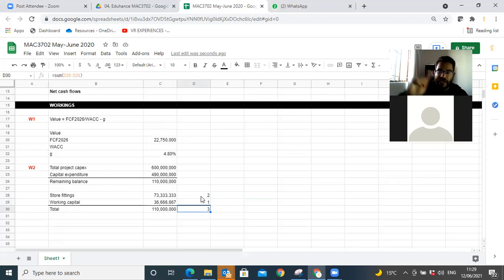So when you cut the pie up into 3 parts, 2 of the parts go to store fittings, and 1 of the parts goes to working capital. It ends up being 50% of it, whatever it is. So store fittings gets two pieces of the pie and working capital gets 1 piece, which means working capital has half the amount of the pie relative to store fittings.